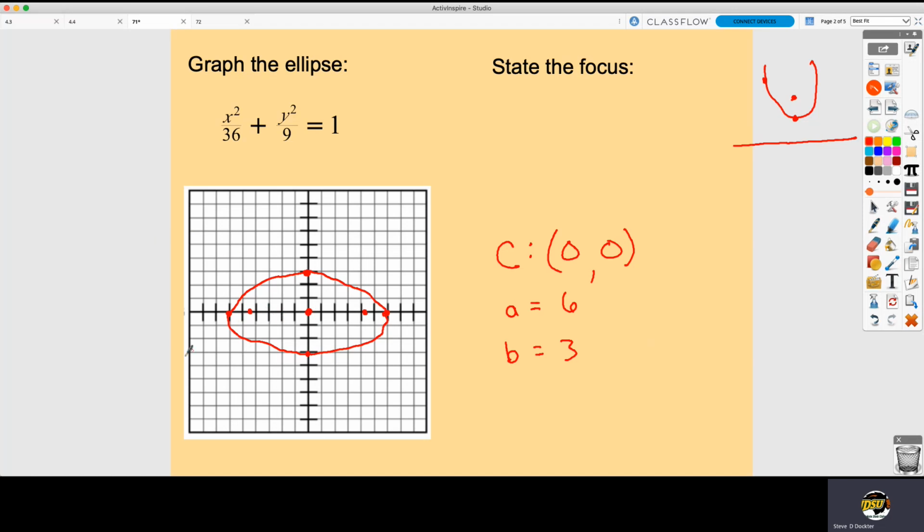All right. And how this works is, if we were to pick this point here, for example, and we found the distance for each one of those 2 lines there, and we added those 2 distances together, that distance would be the same as if we found the distance from this focus to that point plus this focus to that point.